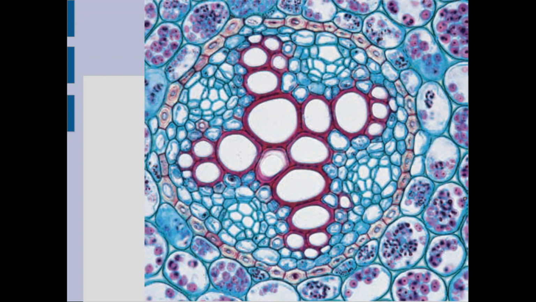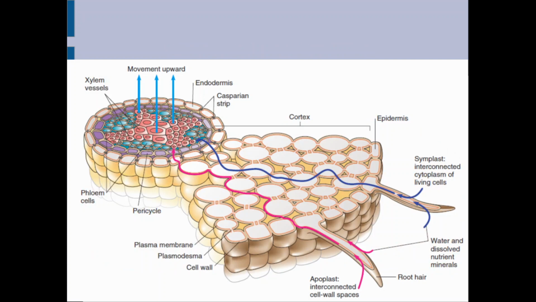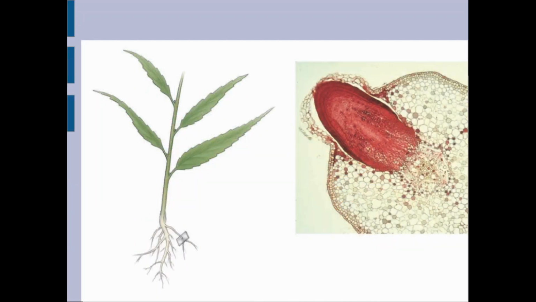Lateral roots originate when a portion of the pericycle starts dividing, and as it grows, so this is part of the root, and this is a pericycle, and then this is a lateral root with the apical meristem here to grow and break the mother root, so to form a lateral root.